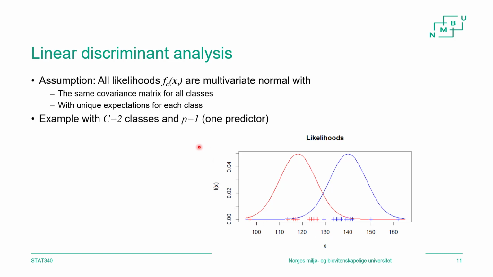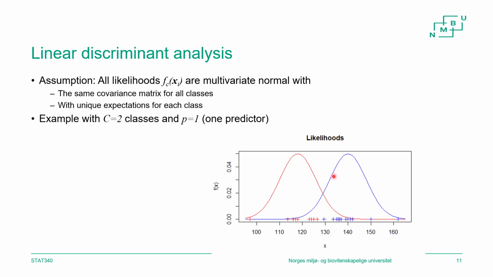And then the LDA method says, okay, the red dots, crosses, pluses are sampled from one normal distribution with a center around here, which is the mean value for the red ones. And the blue ones are sampled from another normal distribution with the mean here, which is the mean of the blue data.